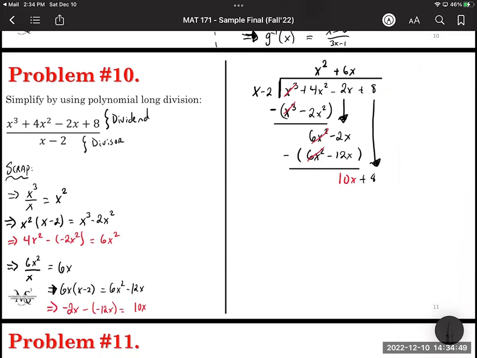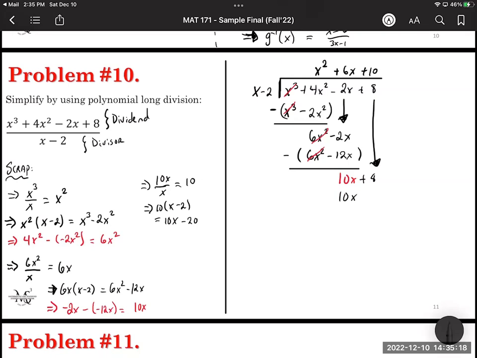So how many times can x go into 10x? 10. So I'll write the plus 10 here. 10x over x is just 10. Now I take 10 and multiply it by the divisor, x minus 2. 10 times x gives us 10x, and 10 times negative 2 is negative 20.